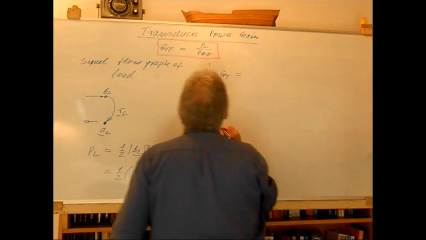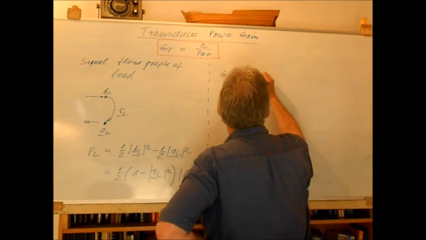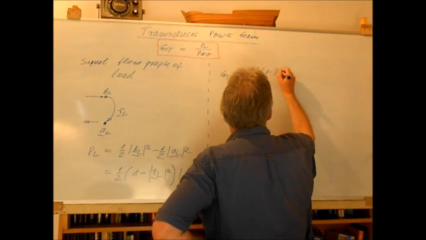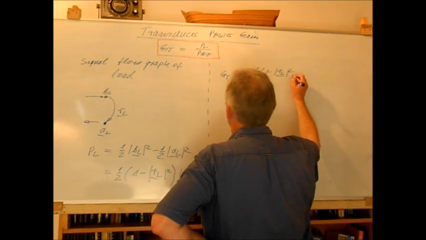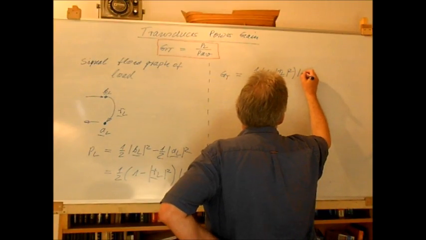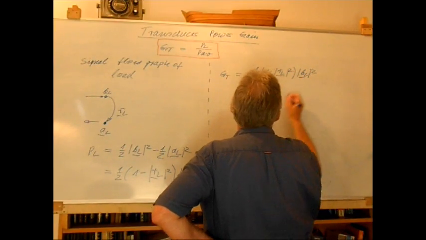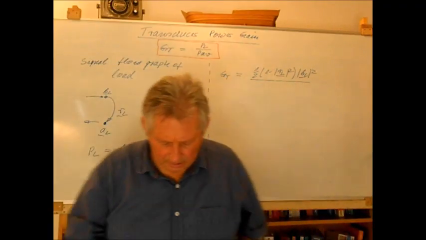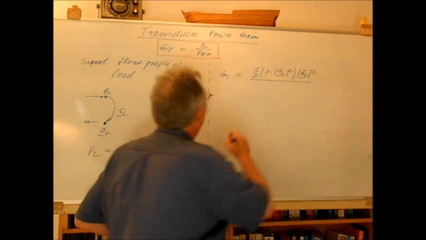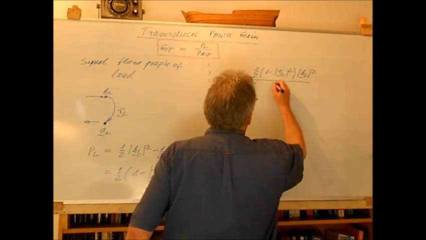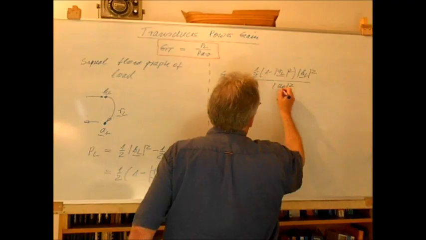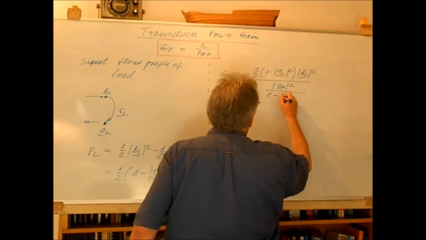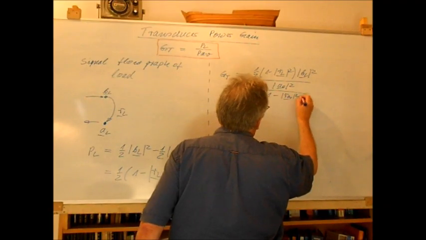So now we are in principle ready to define the transducer power gain, GT, and we have the power in the load which will be 1/2 times 1 minus RL absolute value square times BL absolute value square divided by, now we had of course here 1/2 A naught absolute value square divided by 1 minus RG absolute value square.